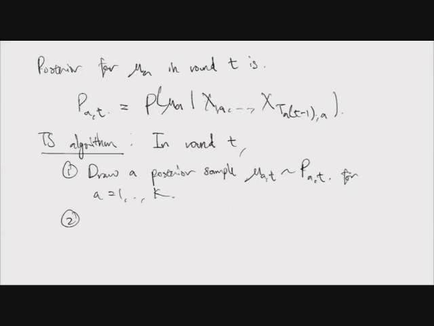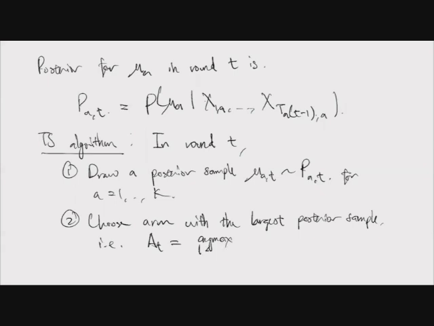And then we're going to choose the arm that has the largest sample, i.e., you're going to set A sub t to be equal to the argmax over the arms of mu sub AT.